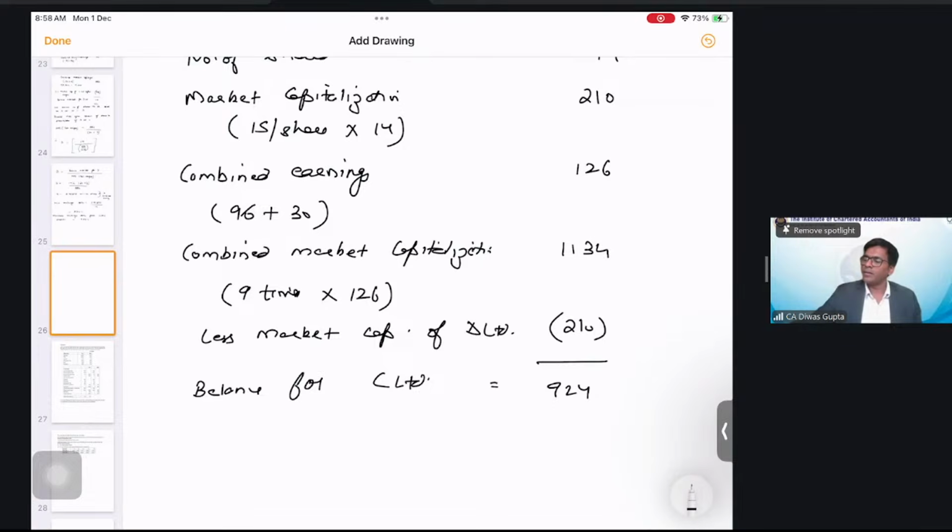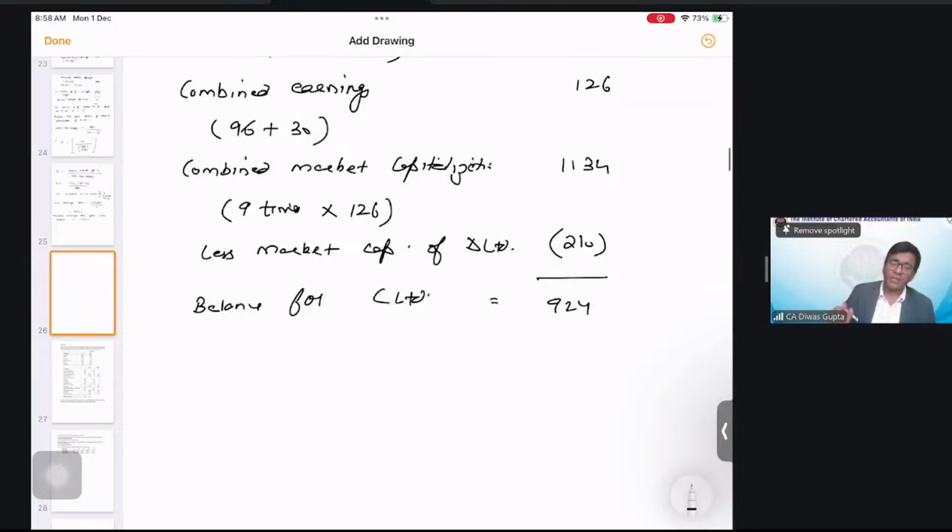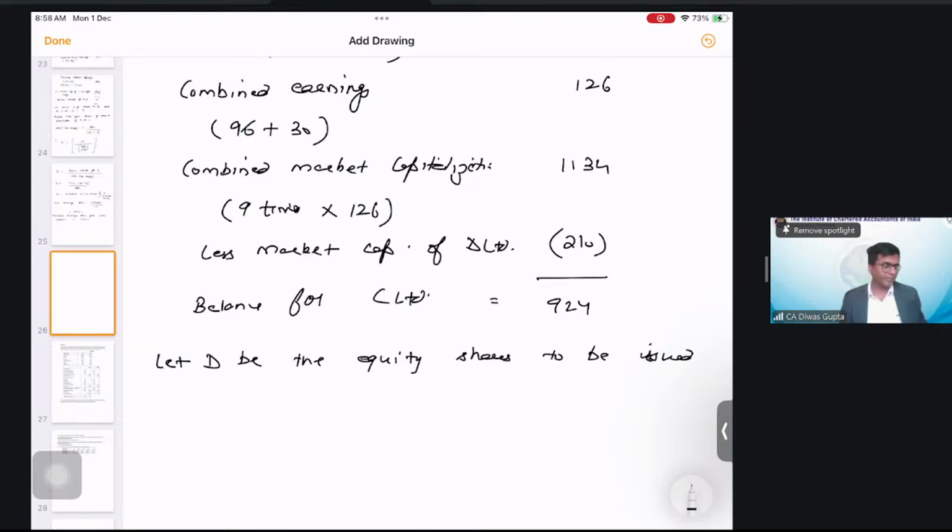Then we will compare the C Limited's value to arrive at the revised post-merger EPS. Okay, let D be the equity shares to be issued to shareholders of D Limited.